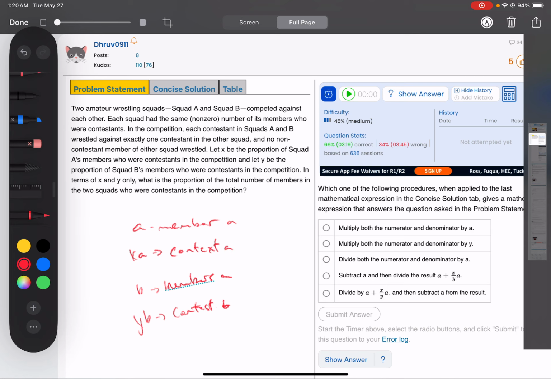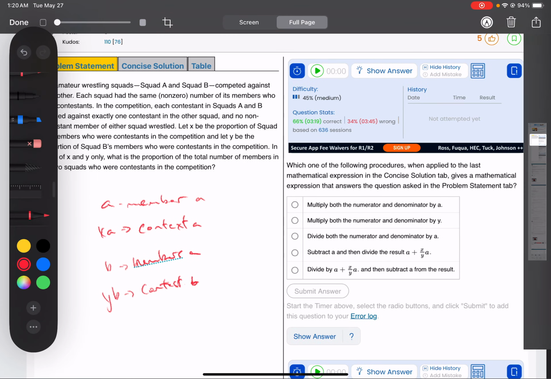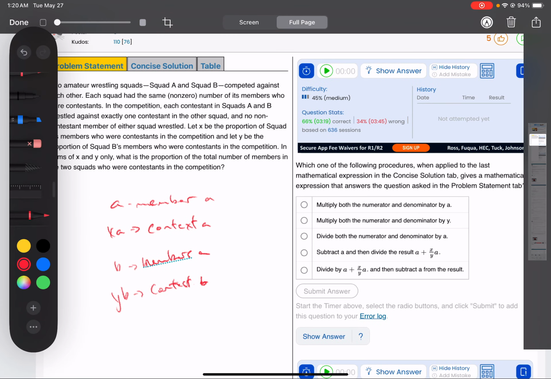Okay. So what they do is they get into a formula. It's annoying, it's in the other tab. Let me look at it real quick.